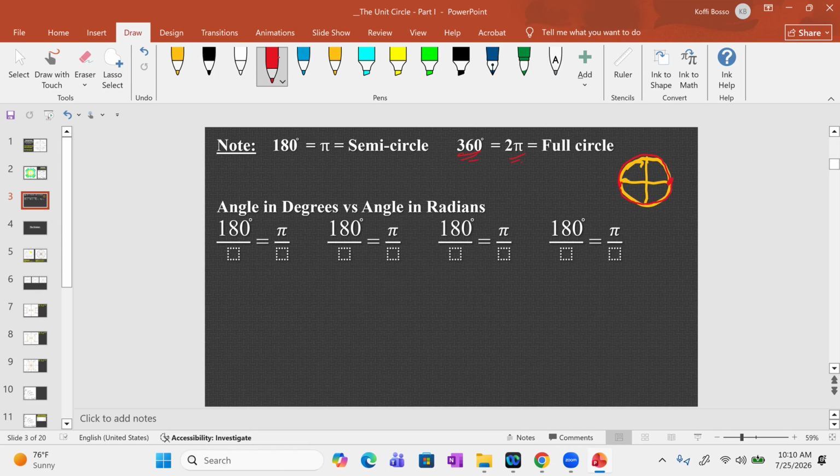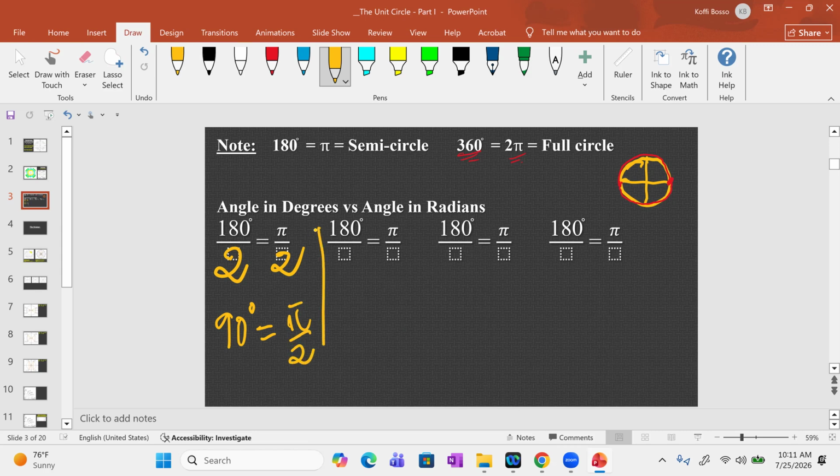Now, let's make the other angles. If I divide 180 by 2, because 180 degrees is the same as pi, I can divide pi by 2. So 180 degrees divided by 2 is 90 degrees, and every time I see 90 degrees, I know that this is pi over 2 in radians.